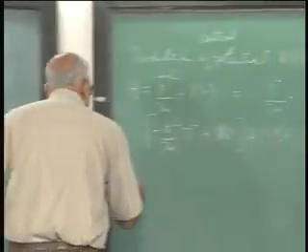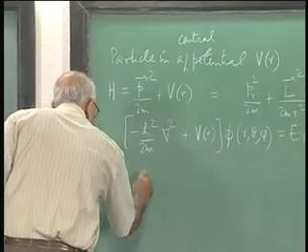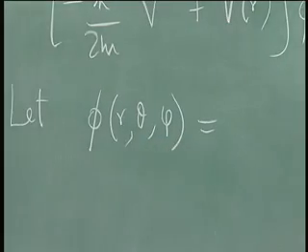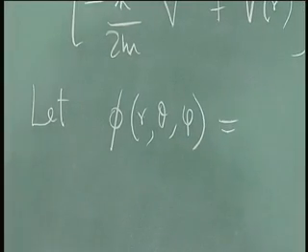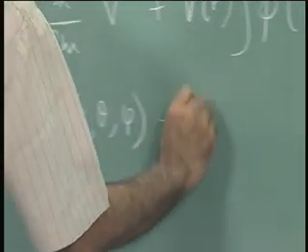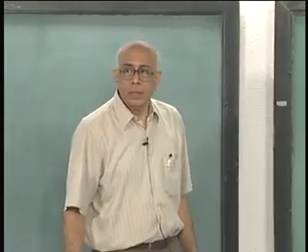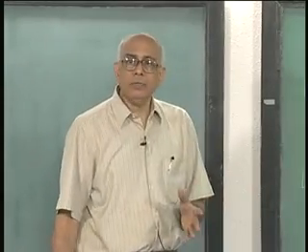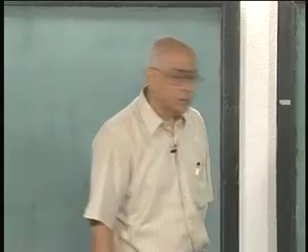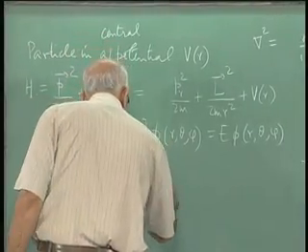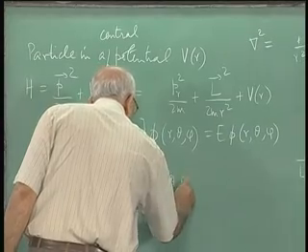So the next step is to say let psi of r, theta, phi be equal to some function of little r alone, some R of r say, multiplied by some function of the angular variables alone. And what is that function? Let us give it some name. So let me for the moment call it f of theta and phi.